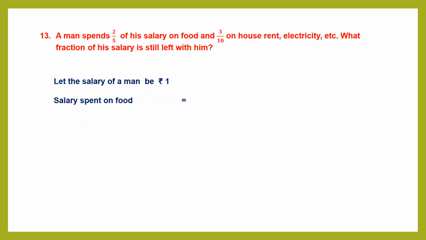That means how much of this has he spent on food? He spent 2/5 of his salary on food of 1 rupee. We said let the salary be 1. So 2/5 of 1 rupee he spent. So this will be 2 by 5 into 1 rupee. 2 by 5 into 1 rupee will be the same thing, isn't it? 2 by 5 rupees.